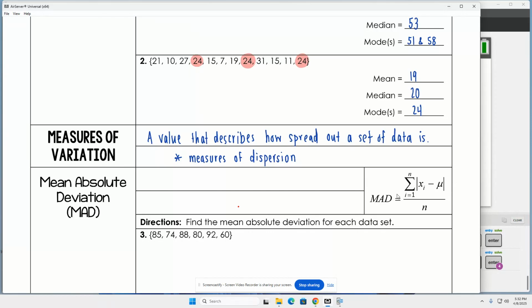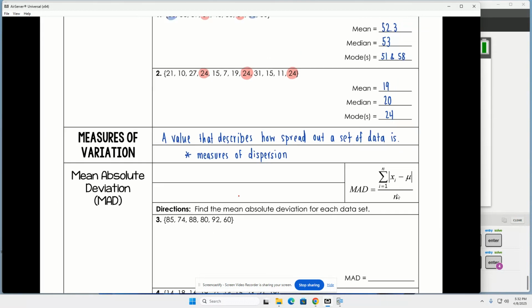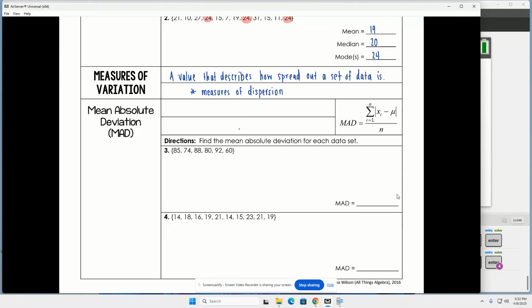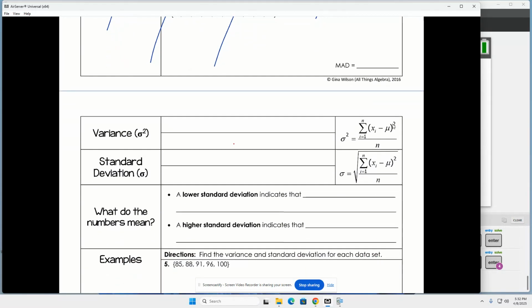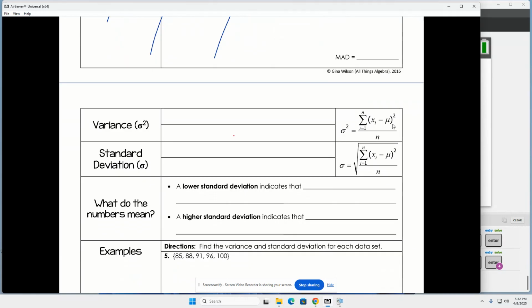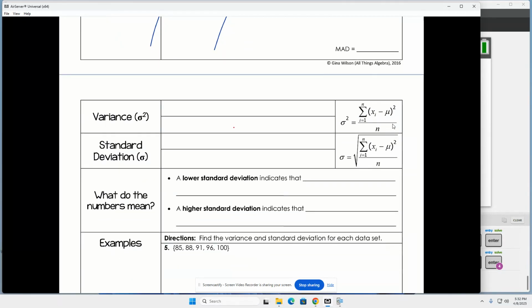So one of the statistical measures that's very important is variation, okay? How dispersed your values are. So like I said, this is still going to be used in a calculator, but we're not going to learn the formula for this. Instead, we're going to utilize our calculator to find it.